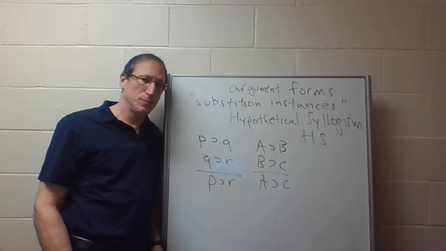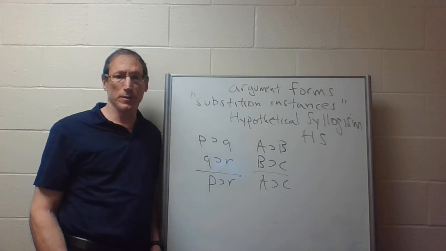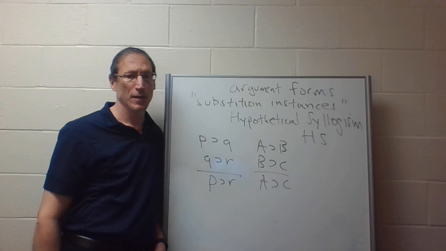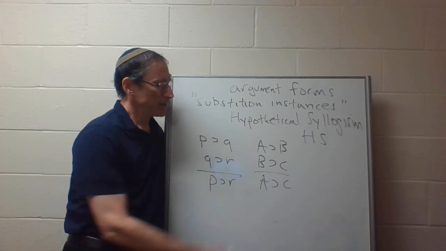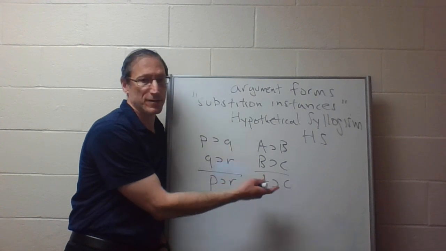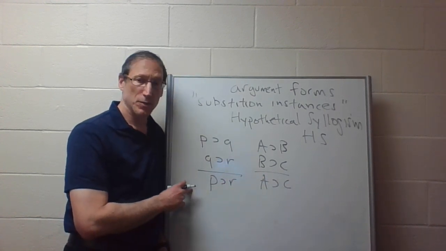If A equals B and B equals C, that means A has to equal C. Well, this is different because this is a horseshoe. This is not an equal sign. But what we're saying is, if A, then B. If B, then C. That means if A, then C has to be the case.